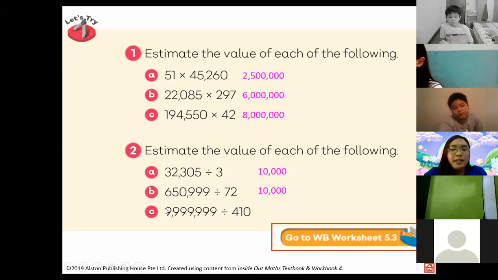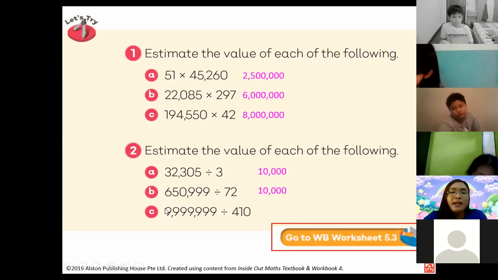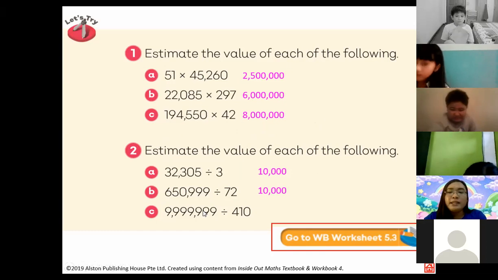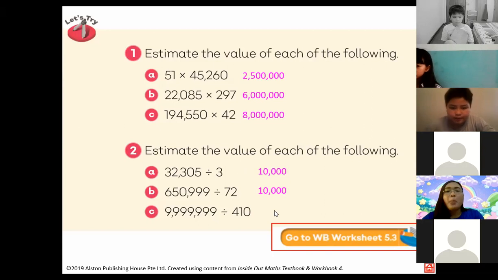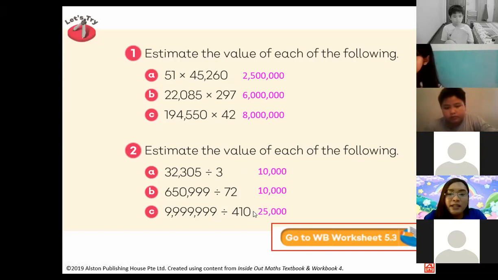All right, so for letter C, 9,999,999 divided by 410. Okay, Conchai. Teacher, may I drink water, please? Yes, you may. All right, Conchai, what's the answer for letter C? 25,000. Very good. Good job.